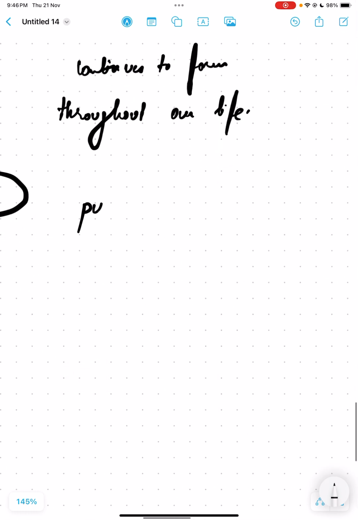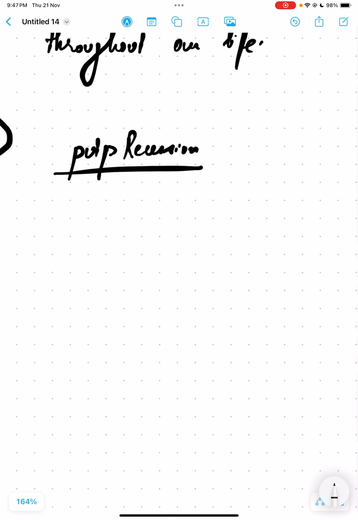What is pulp recession? Pulp recession is basically when the secondary dentin forms on the floor of the pulp chamber that leads to a decrease in size as well as shape of the chamber. This is called pulp recession, followed by a bend between the primary and the secondary dentin.